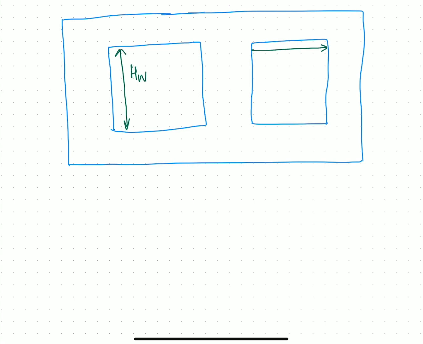This is the width of the window, and the window area is Aw. This is symmetric, so both windows have the same area. The area of the iron or the core is Ai, like in case of single phase transformers. So this is the cross-sectional view of a three-phase core type transformer.